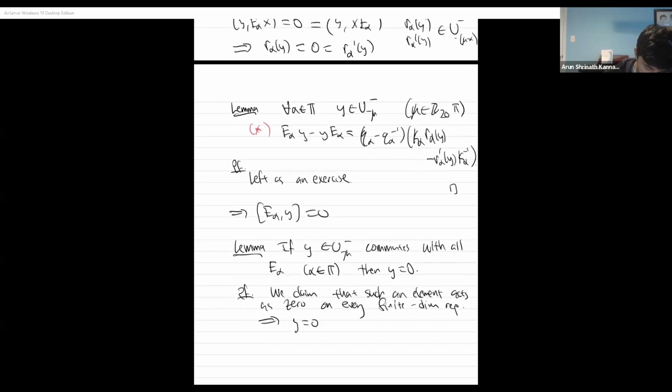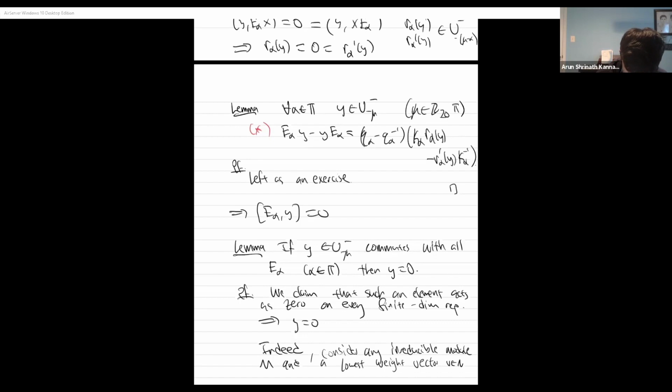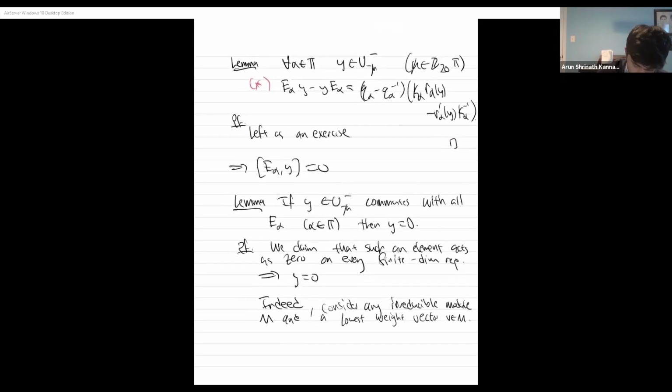So indeed, to show this claim, you can just consider any irreducible module M and consider a lowest weight vector v.